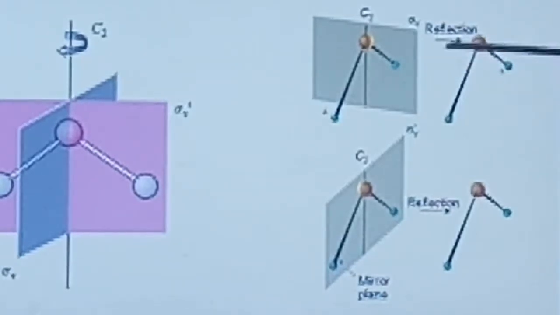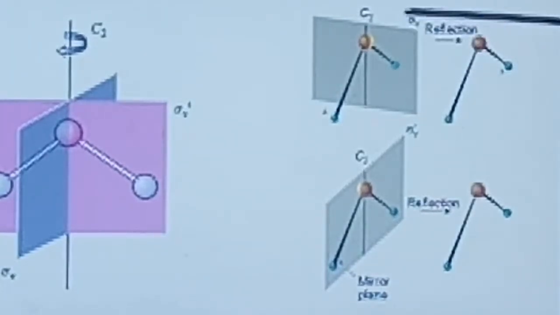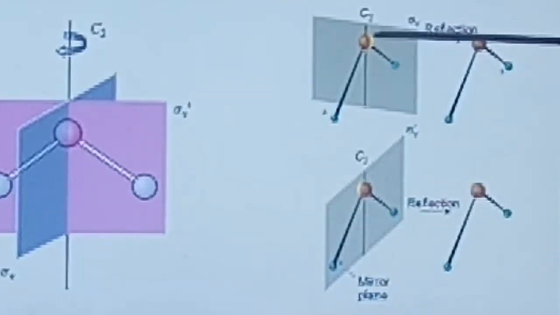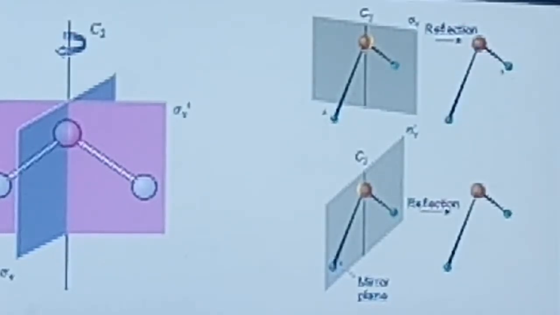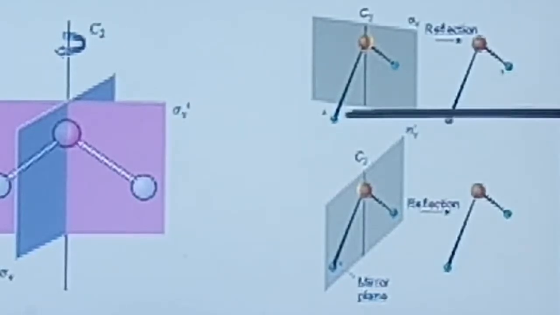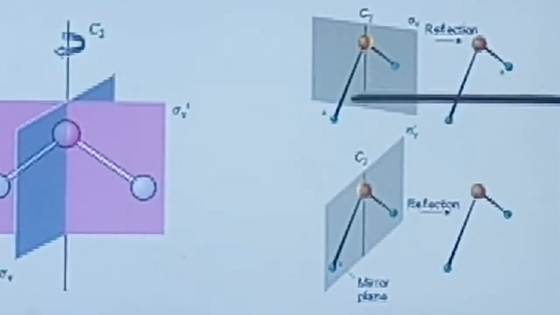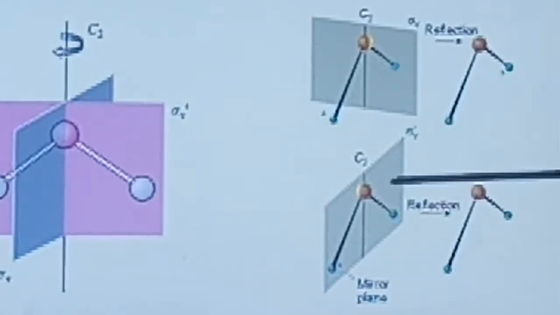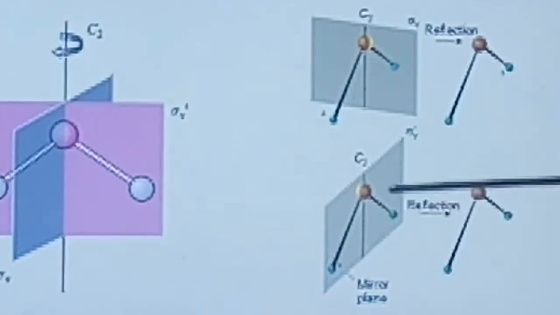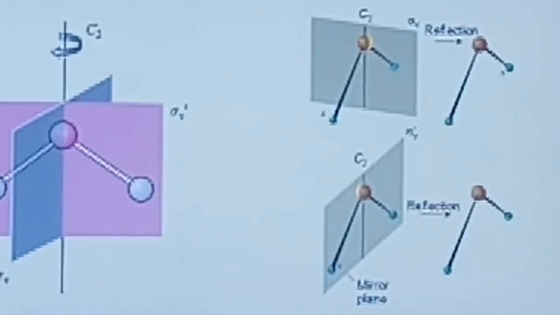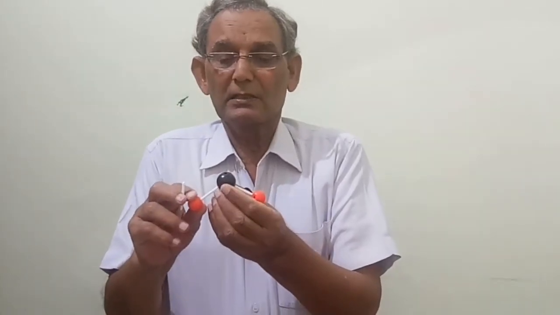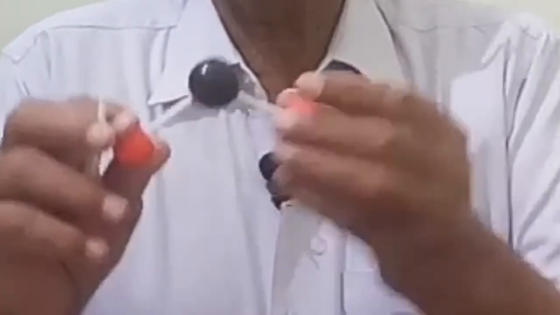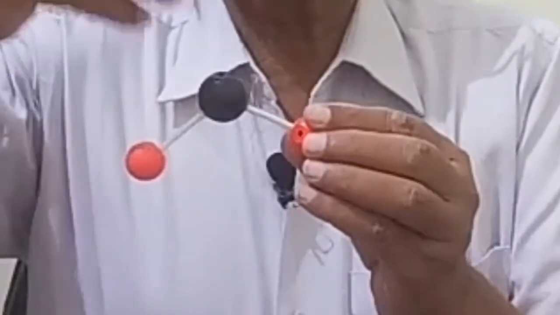Here we will get the reflection. The plane passing through the oxygen and between the two hydrogen atoms: the marked hydrogen, by reflection, will go here, and this is the sigma v plane. Another sigma v plane, passing through the C2 and all three atoms, oxygen and two hydrogens, gives the same reflection. Again, this is the water molecule and this is the C2 axis.